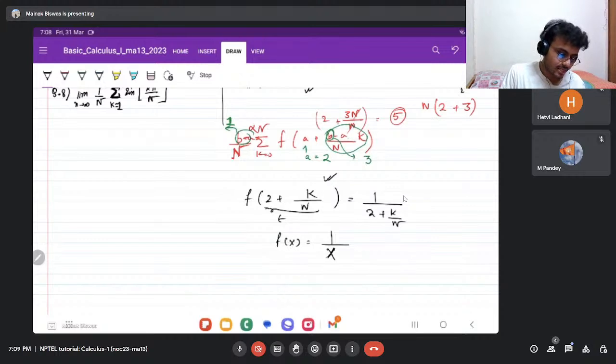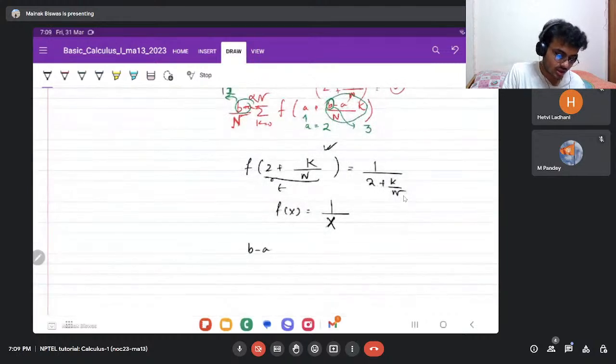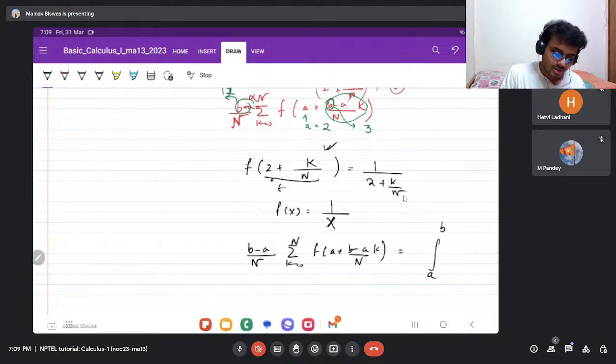Let us just write down the definition once. 1 by n summation k equal to 0 to n f of a plus (b minus a) by n into k is the integral from a to b of f of x dx. This is for a to b.